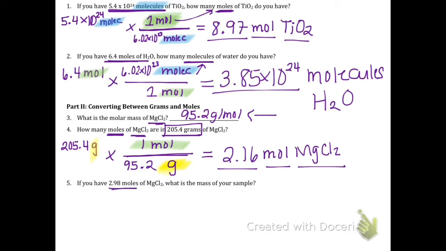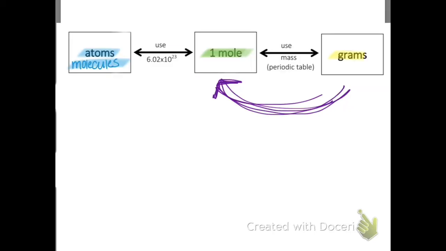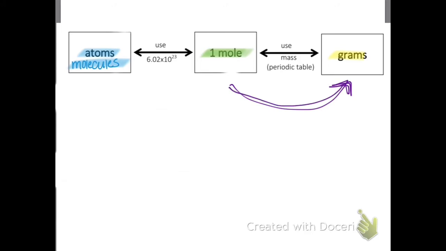So here we have 2.98 moles, so I'm going to immediately write that down. Okay, what is the mass of our sample? So we're going from moles to mass. So here, if we're looking at our map here, we're now going from moles to mass. If you look at this, this is a one-step problem.